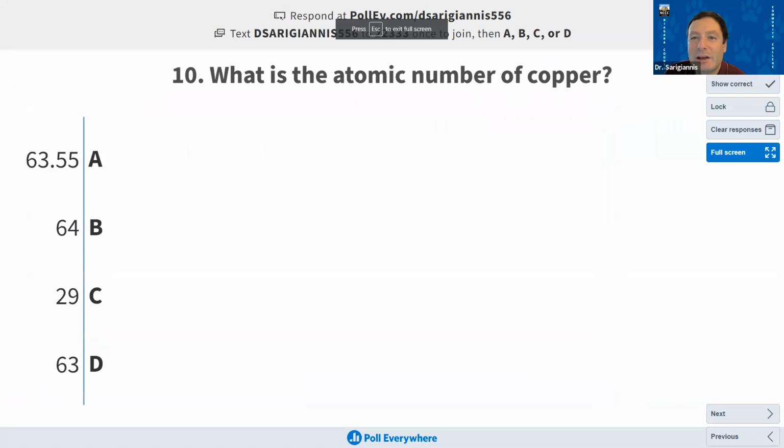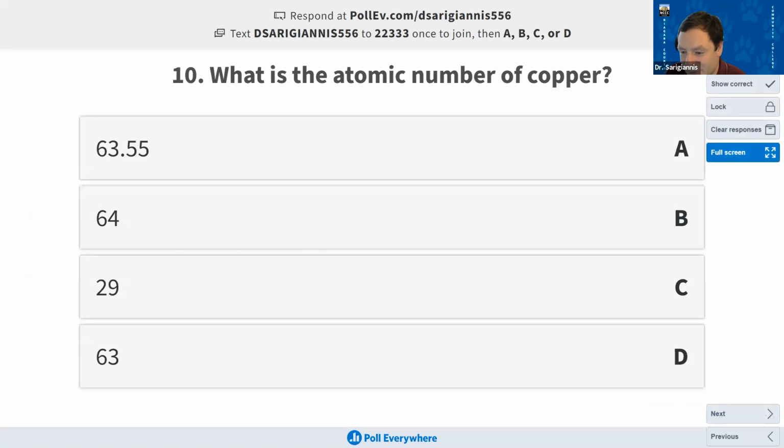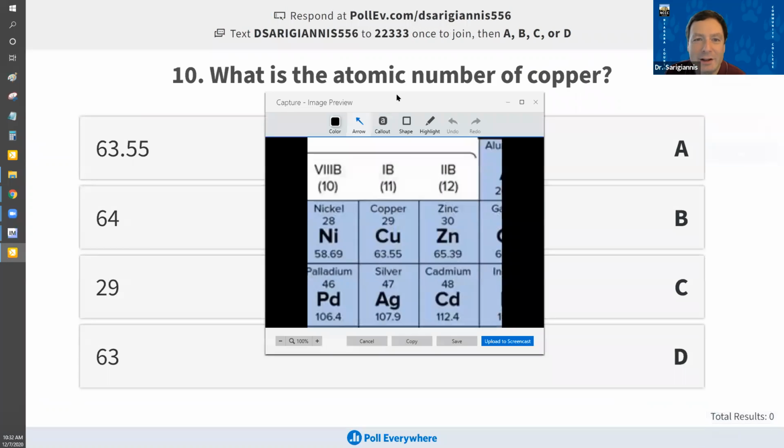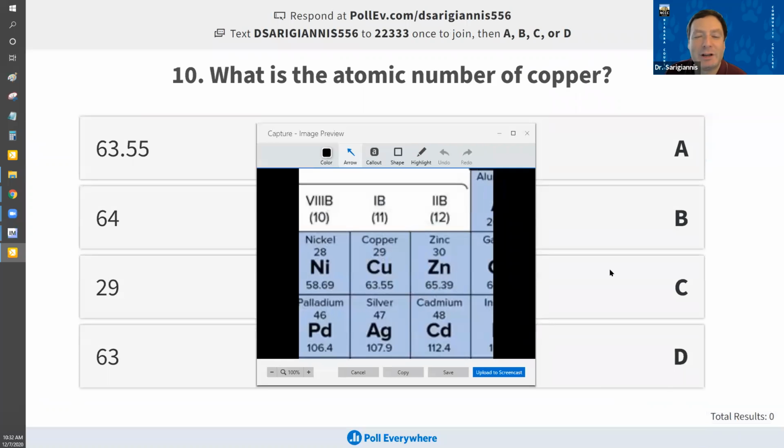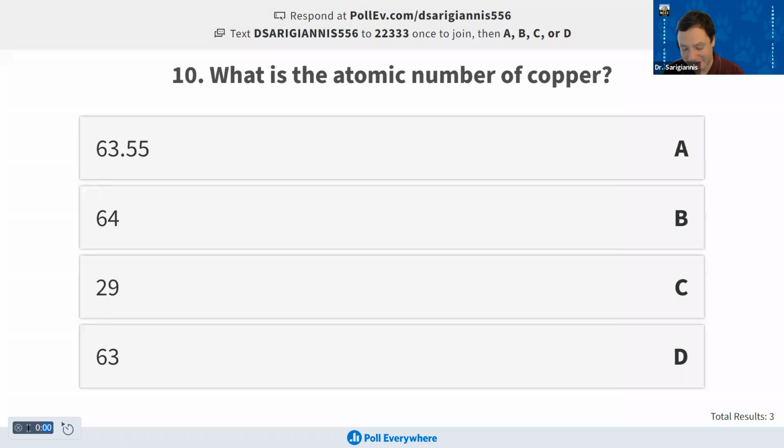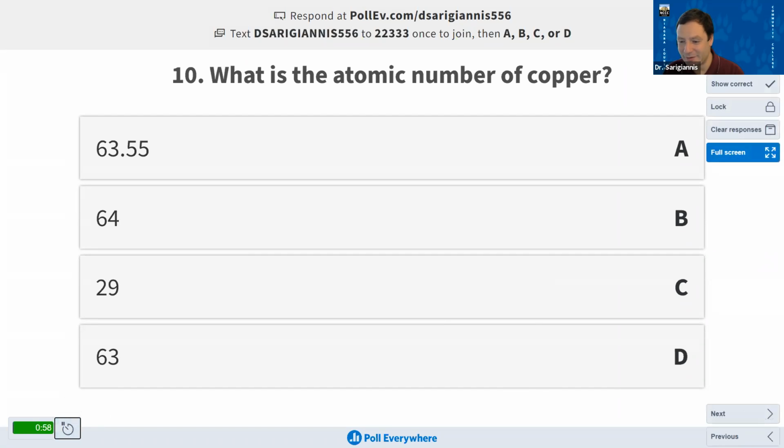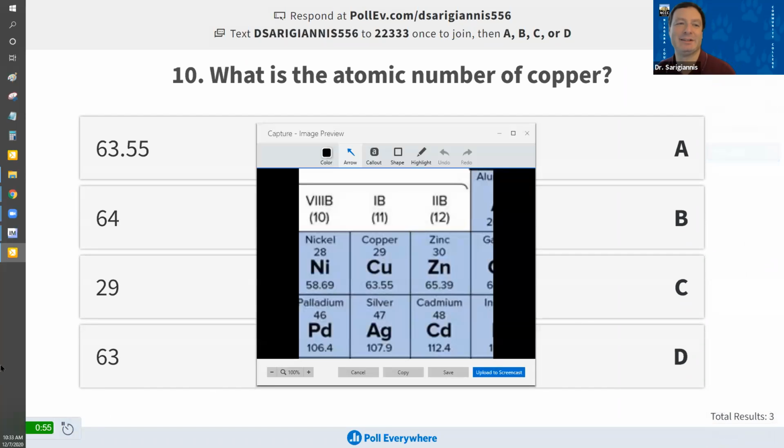What is the atomic number of copper? Let me pull up the screenshot. If you don't have a periodic table in front of you, here's copper. What's the atomic number of copper? Go ahead. Oh, I forgot to put a minute on the timer here, sorry, guys. And then re-display my copper. If you have the periodic table in front of you, you can look at the key.